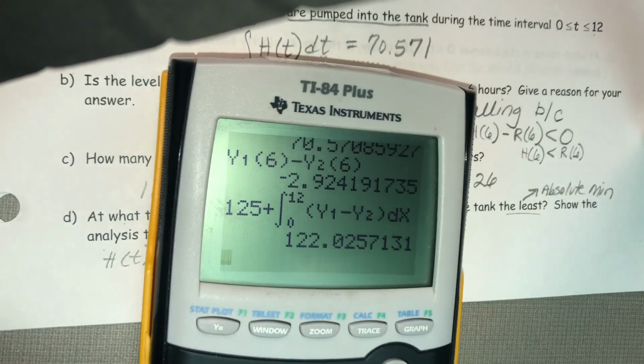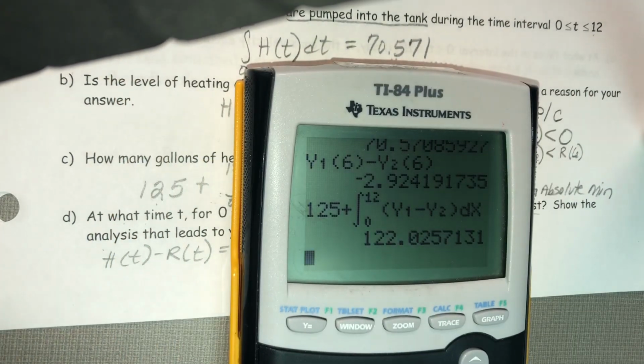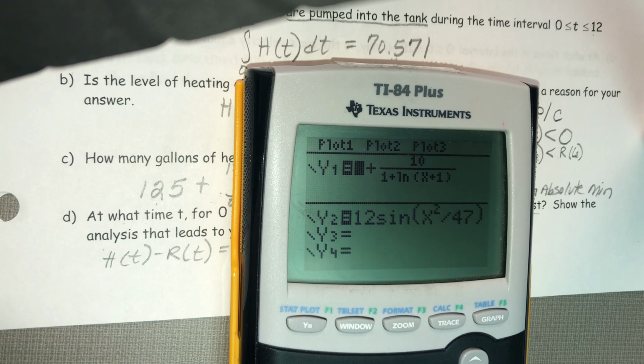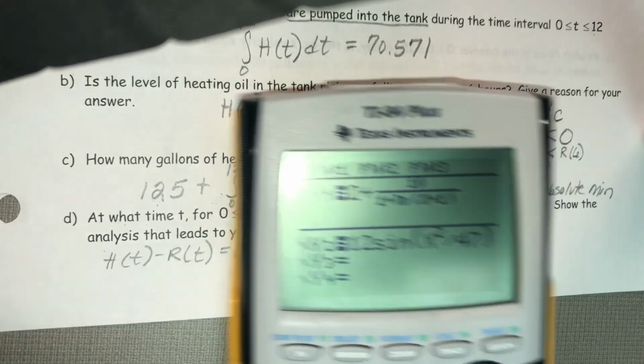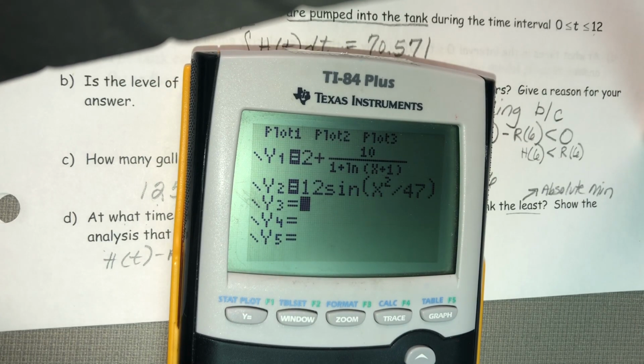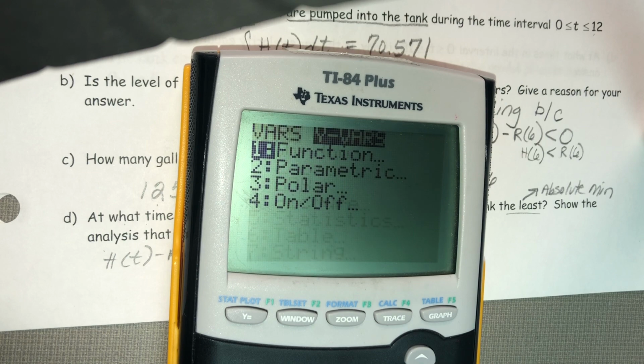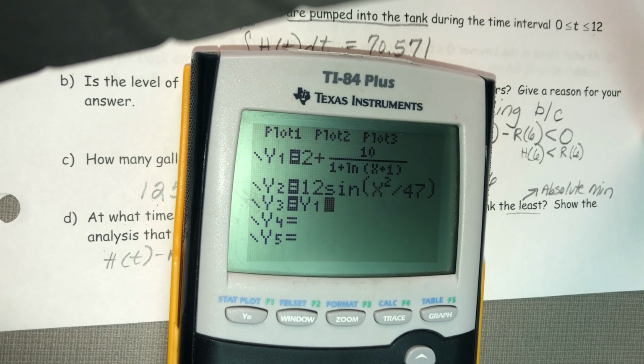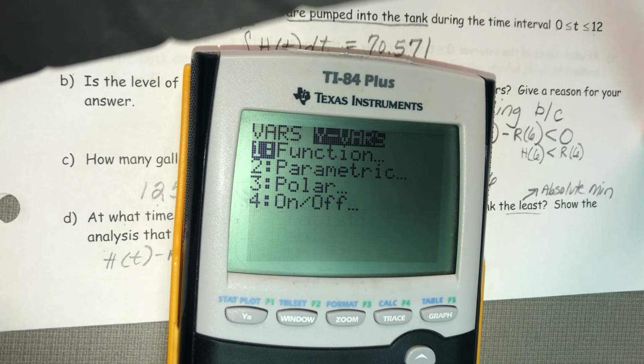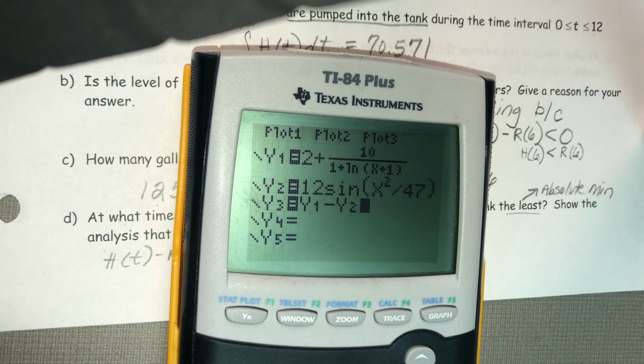Well, I'm going to go into my calculator. To find zeros, I need to do that from the graph menu. So I'm going to go down to y3 and say vars, y-vars, function 1 minus vars, y-vars, function 2.